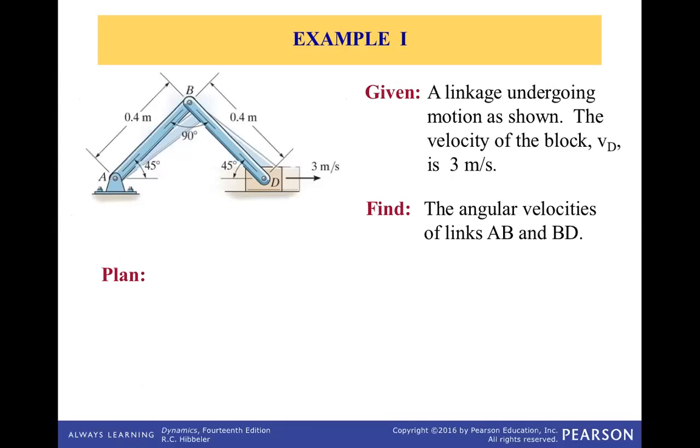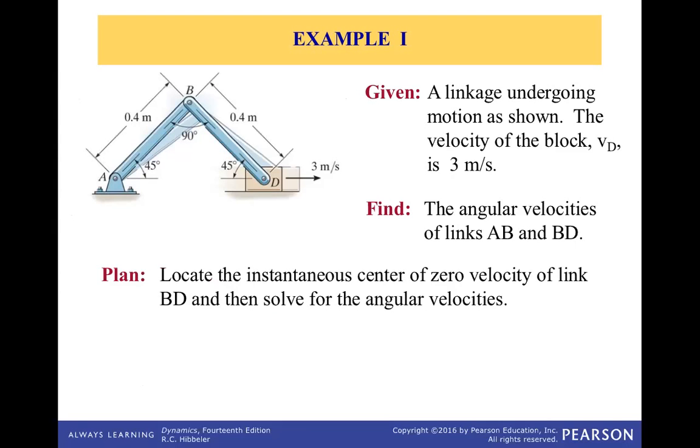We're looking for the angular velocity of this link and also this one. The plan here is to locate the instantaneous center of zero velocity of link BD, because we know the velocity of this guy is 3 to the right.